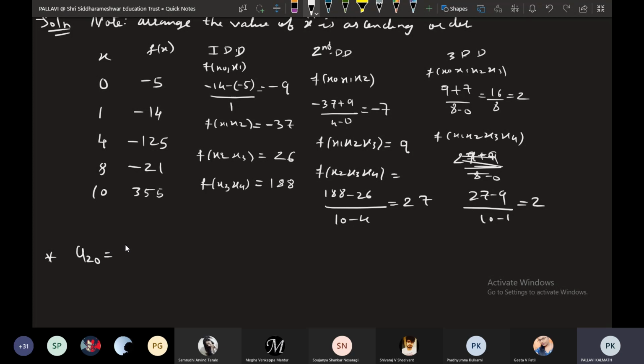Given u20 equals 24.37, u22 equals 49.28, u29 equals 162.86, then u32 equals 240.5.